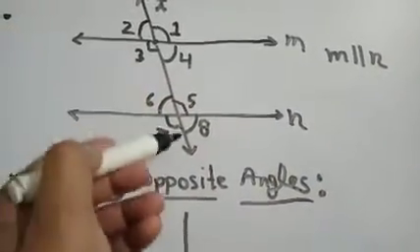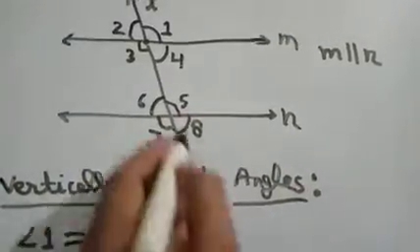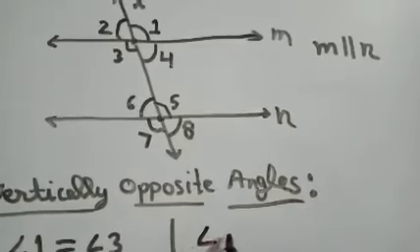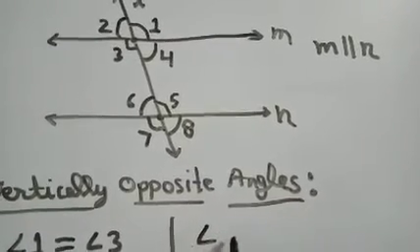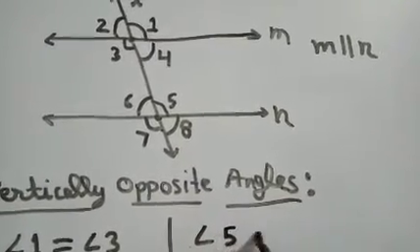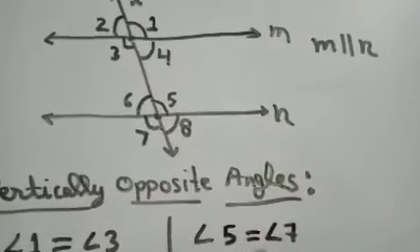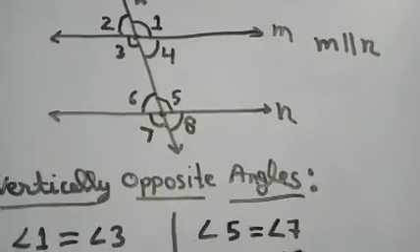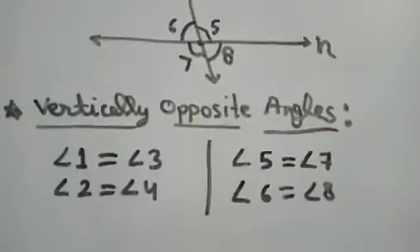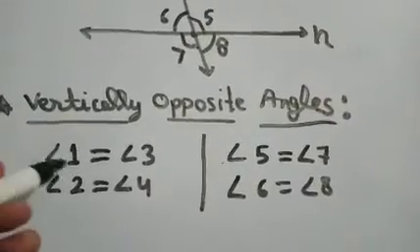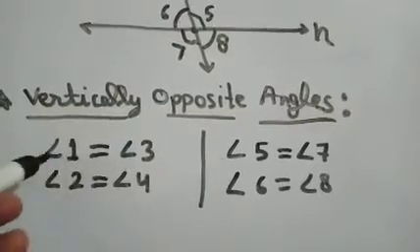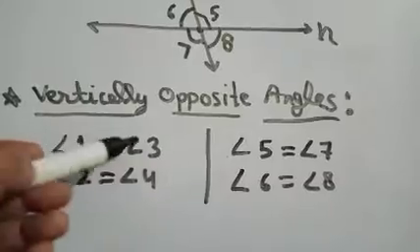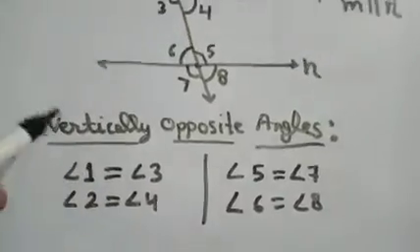Again, when the transversal intersects N at a point here, again two pairs of vertically opposite angles are seen. Angle 5 is equal to angle 7 and angle 6 is equal to angle 8. You know all vertically opposite angles are equal, so we put an equal sign between the two angles. If the value of angle 1 is 30, then angle 3 is also 30 degrees.